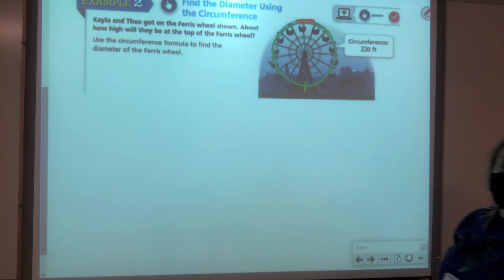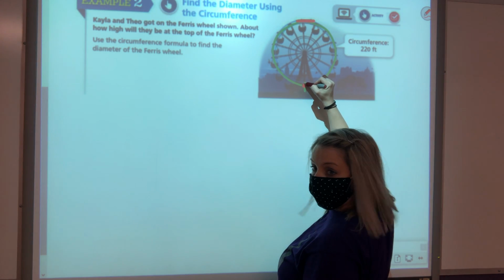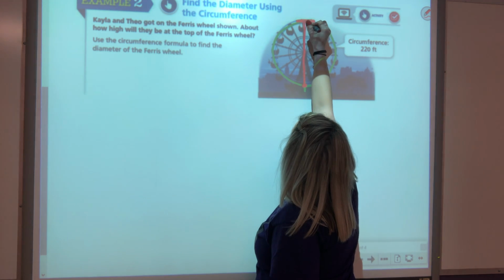So what we're looking for is the measurement between the bottom and the top.